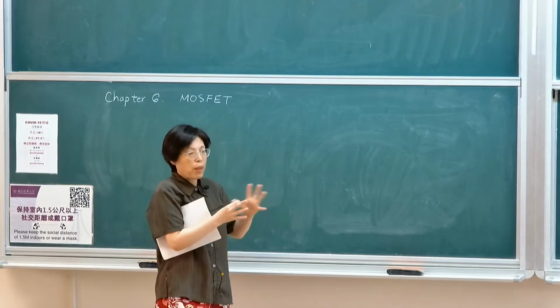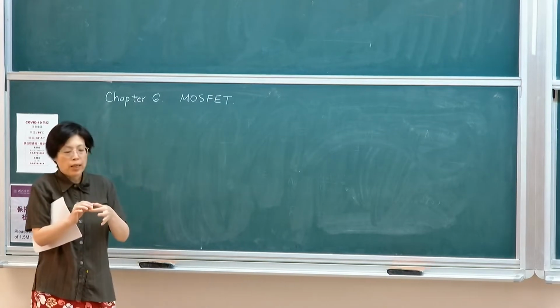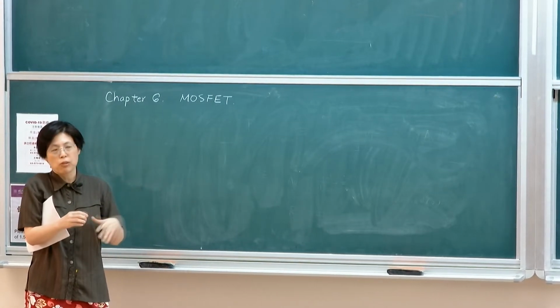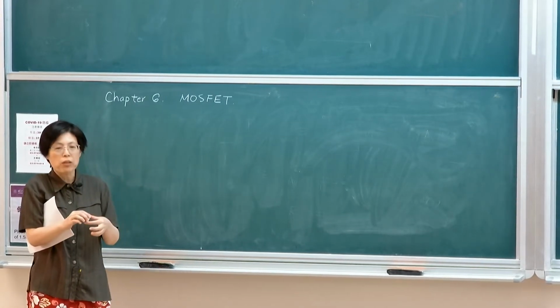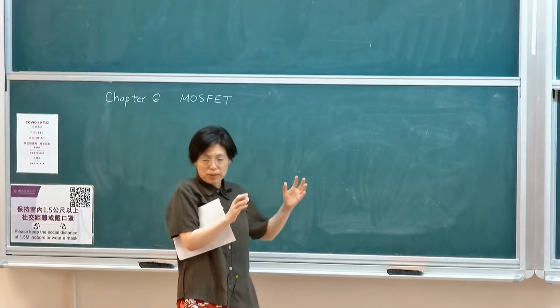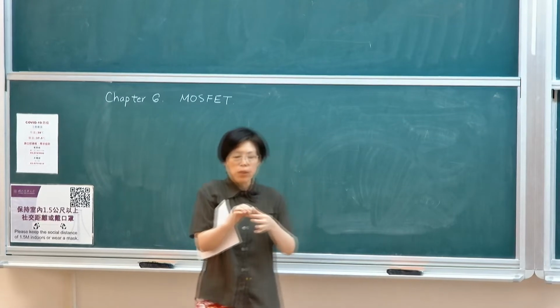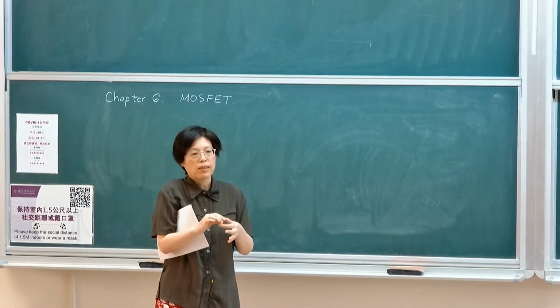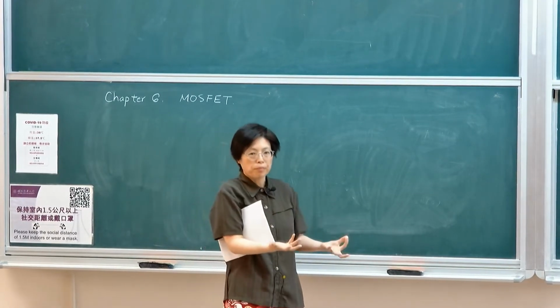That was the key focus. And when I was taking courses in graduate school, those classic textbooks like Gray and Meyer focus a lot on bipolar junction transistors because that's the mainstream solution.